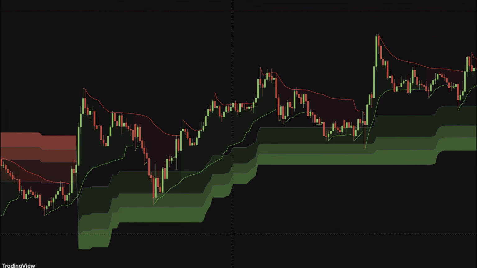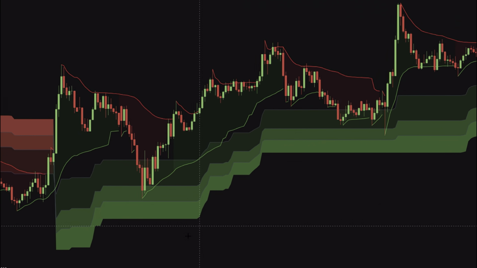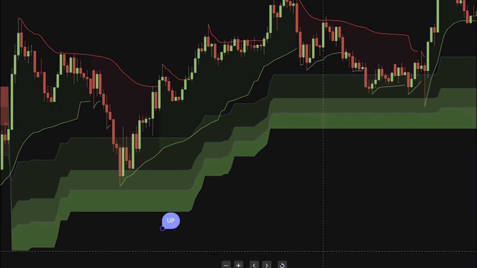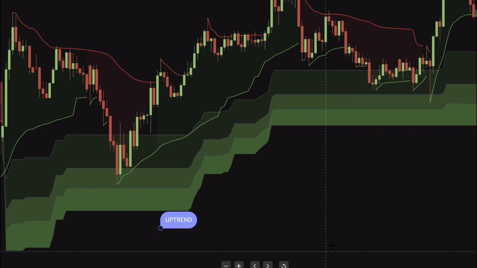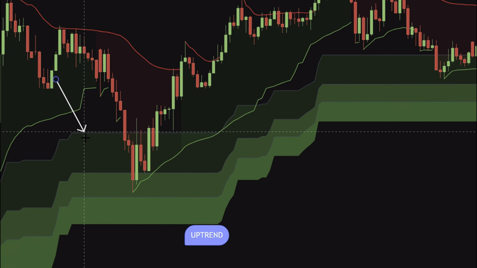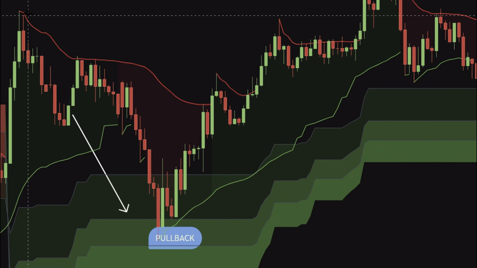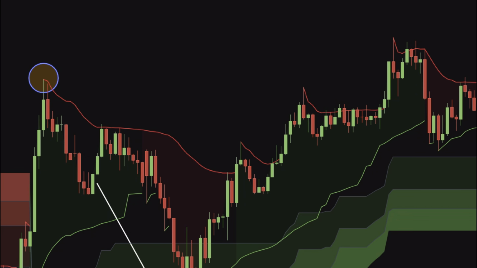Let me flip it. Say the FTS band turns green and price is above it. Now you're in an uptrend. You skip all sell signals. You wait for price to pull back to the band. Identify the swing high.